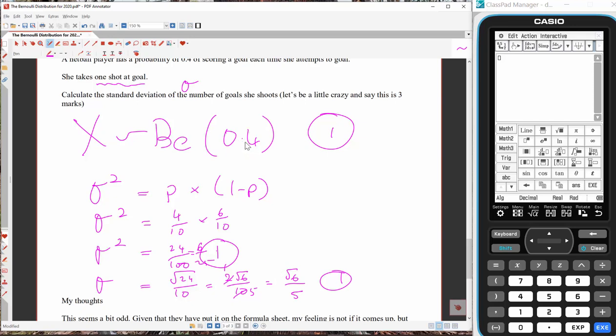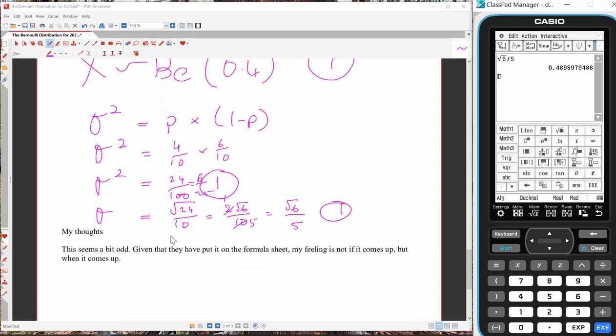So our expected value is 0.4 and the standard deviation is root 6 on 5, something like 2/5, about 0.4 as well. What is it? Let's find out: root 6 over 5. Yeah, 0.5 roughly.